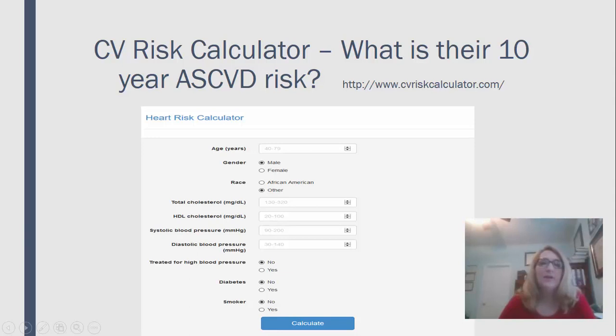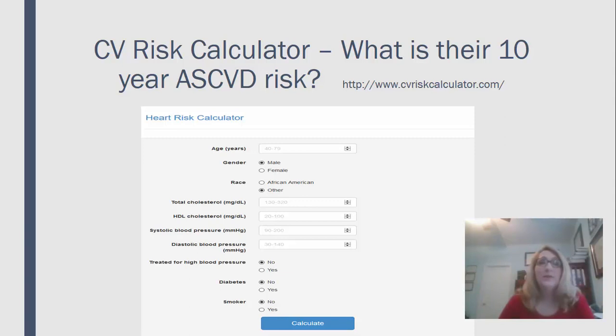Cardiovascular risk calculator. What is their 10-year risk of ASCVD? The cardiovascular risk calculator has become pretty common. This is what's standard. You'll see it used a lot. There's also the Framingham risk calculator. It's an older one.